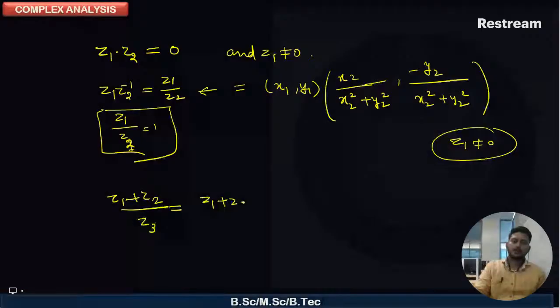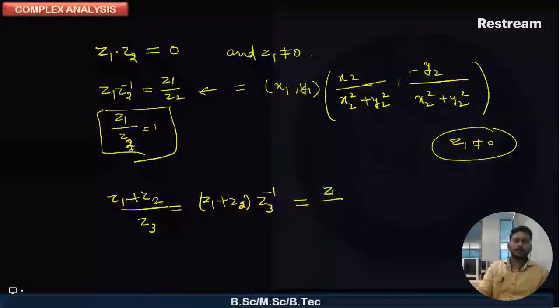Now it is true for you, and write z3 inverse. Hopefully in junior classes you know about this direct composition, z1 upon z3 and z2 upon z3.